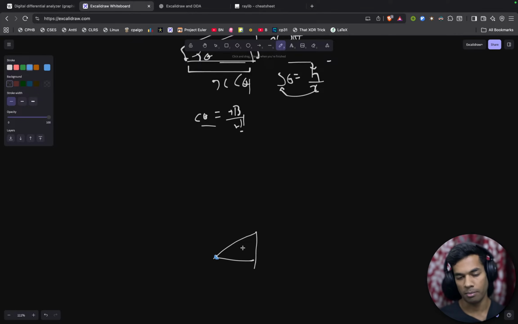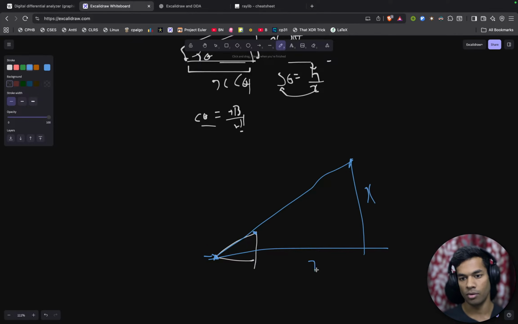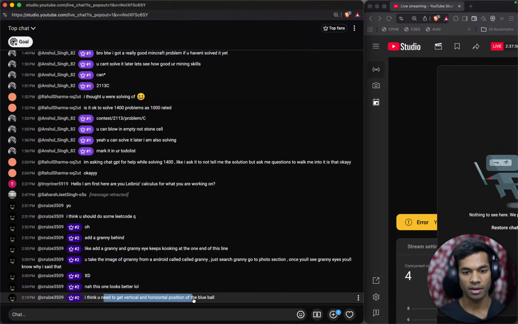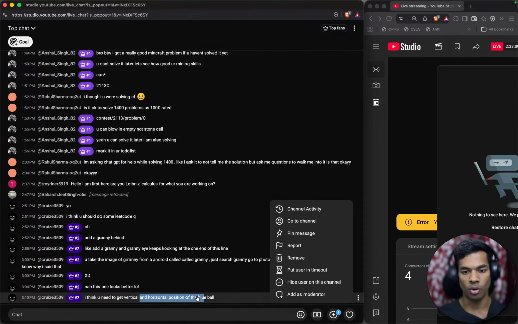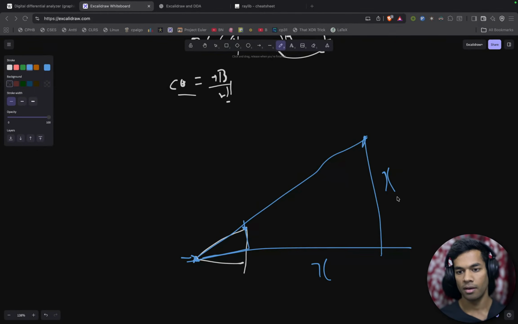This is the base of the eye, and this is the location of the pupil, and the red ball is somewhere here. We know this, we know this, we need to know this, and we need to know this. So this is similarity or something. You need to get vertical and horizontal position of the blue ball.